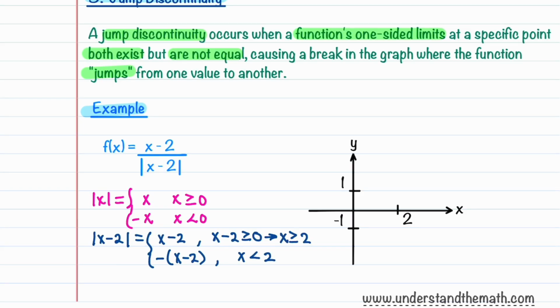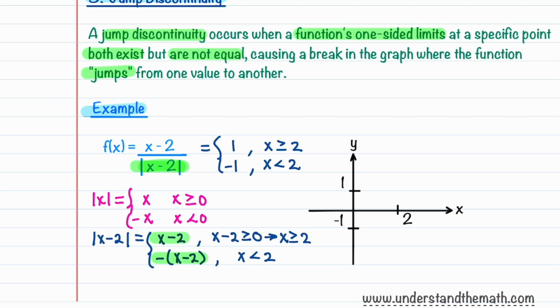When we substitute this value into here and then this value into here, here's what we get. We get that f of x is equal to 1 when x is greater than or equal to 2, or it's equal to minus 1 when x is less than 2.